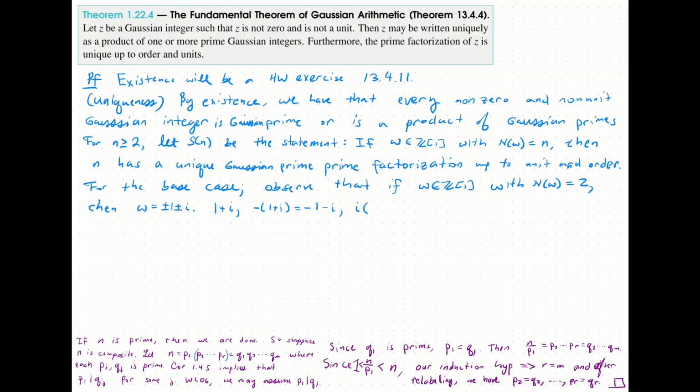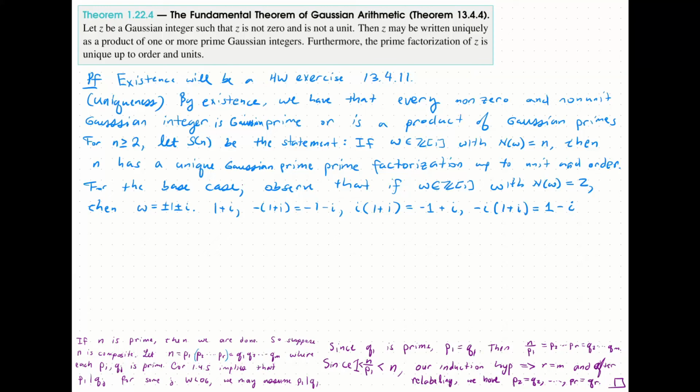We're going to have i times 1 plus i, and that's going to give us negative 1 plus i. And finally negative i times 1 plus i, and that's going to give us 1 minus i.